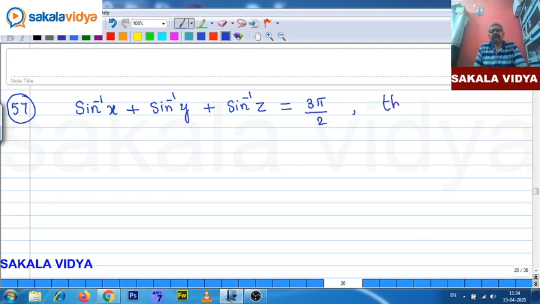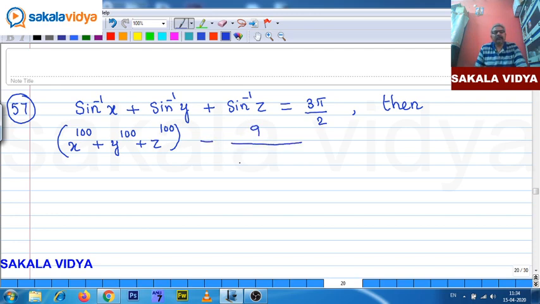Then x to the power of 100 plus y to the power of 100 plus z to the power of 100 minus 9 upon x to the power of 101 plus y to the power of 101 plus z to the power of 101 equals, this is the question.